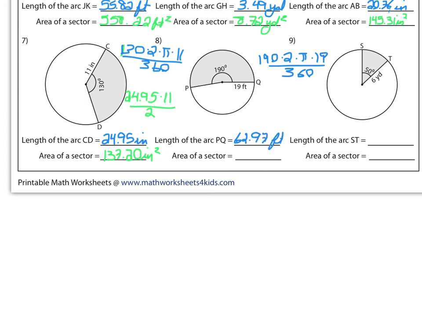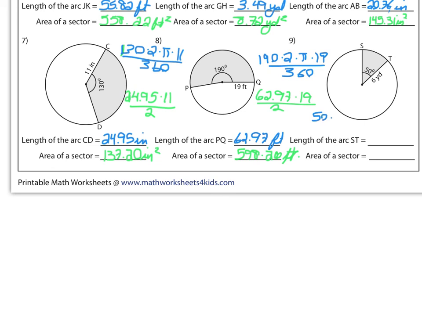Now we're going to do the area of the sector, which is take your length of your arc, 62.97, times your radius all over 2, which would be 598.26 feet squared.